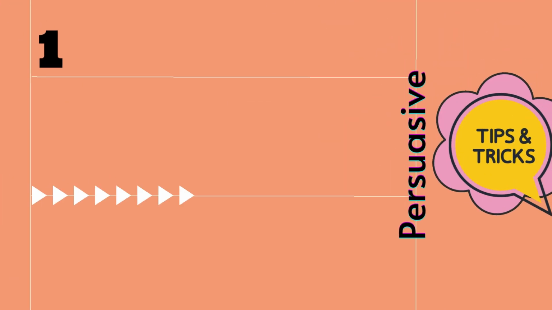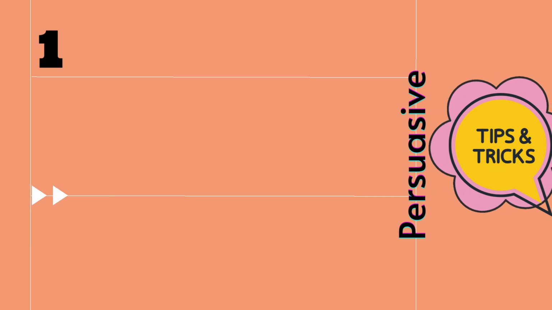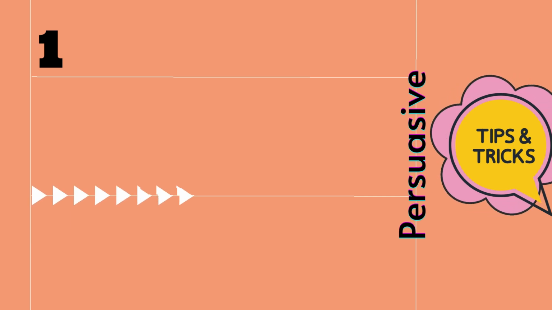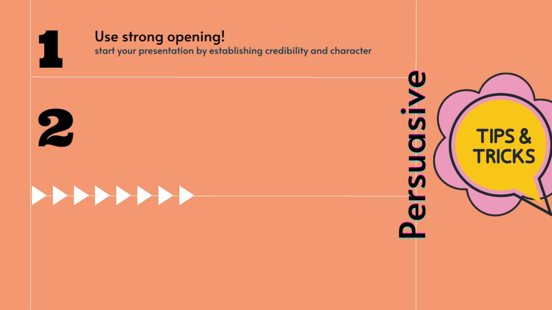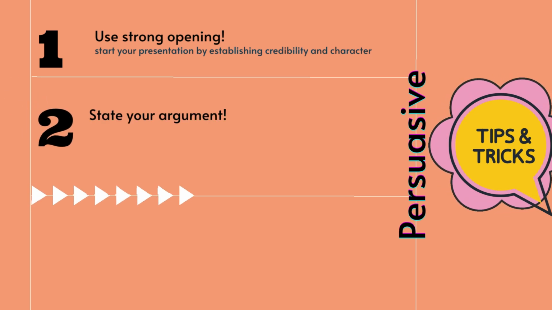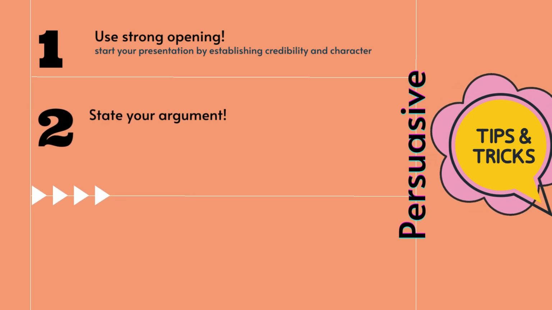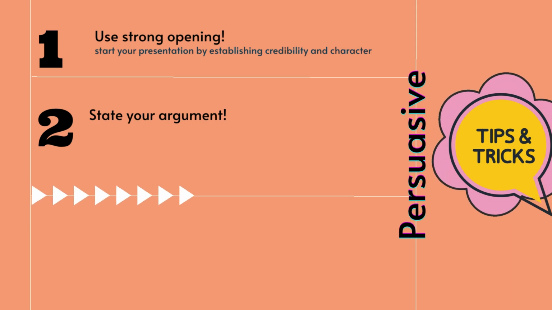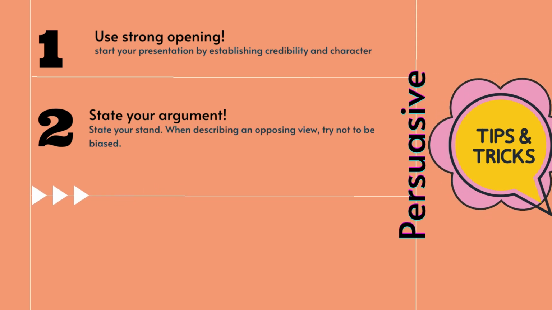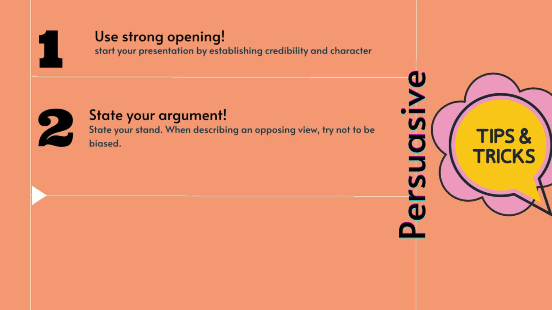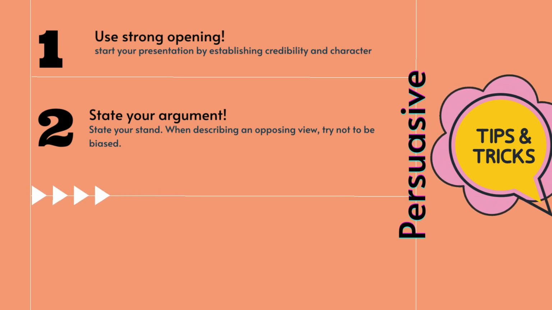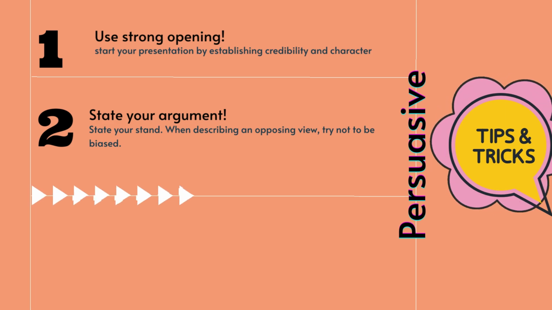The key to ace a persuasive presentation is by using a strong opening. You need to establish your character and credibility by stating your stand and argument confidently. But be careful. Whatever your stand is, back your points with solid arguments and try not to be biased.